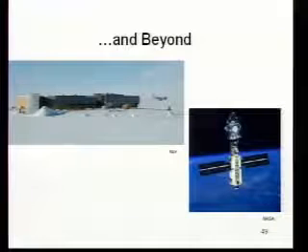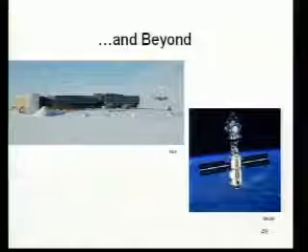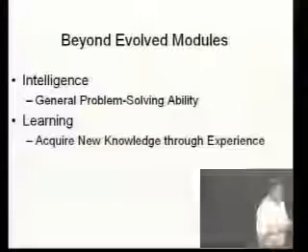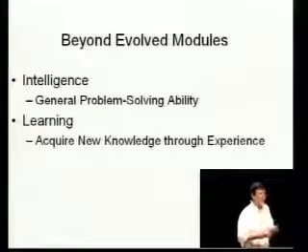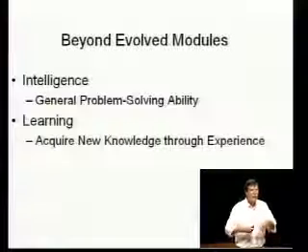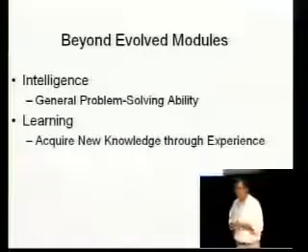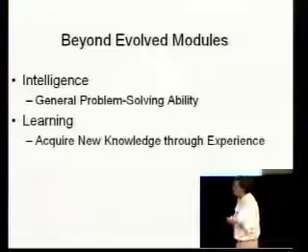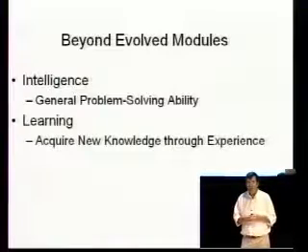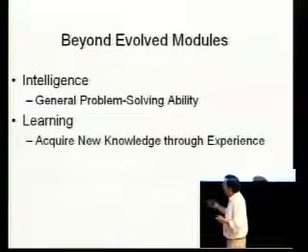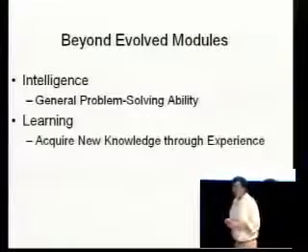In addition to this box of dedicated mental tools, we also must have something like general intelligence, a general problem-solving capacity, a general capacity to meet and solve new problems that are posed to us by the new environments to which we move. And we also have to have a capacity for learning.